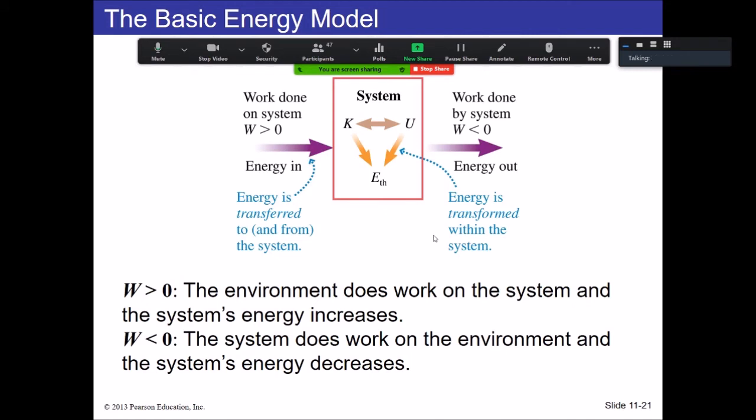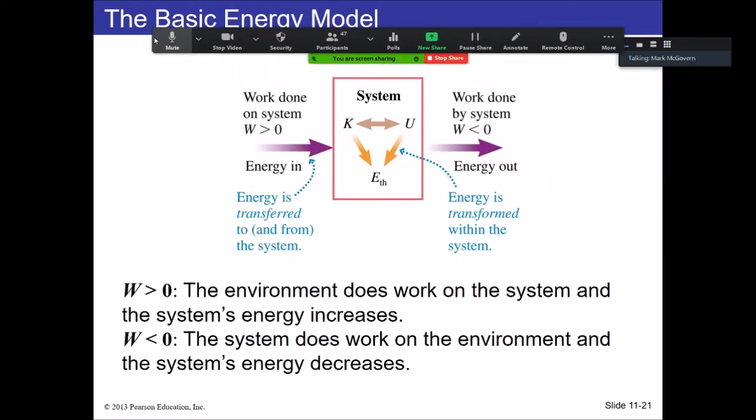Now, this is generally true. Going back to our energy model, let's fill in more about what the environment does. If you have positive work being done by an individual agent, that will act to increase the energy of the system. If there's negative work being done, that will act to decrease the energy of the system.